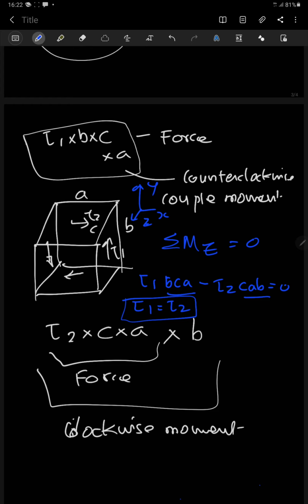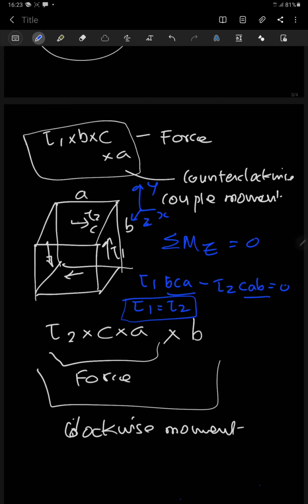So, we have proved that shear stresses are complementary, and shear stresses acting on the opposite faces of the element are equal and opposite in direction. Okay. Basically you can see here, the shear stresses on perpendicular faces of an element are equal in magnitude and have directions where both the stresses point towards or point away.